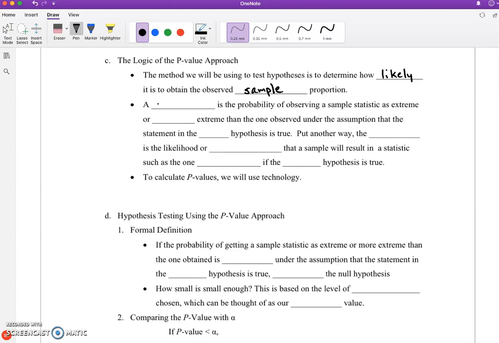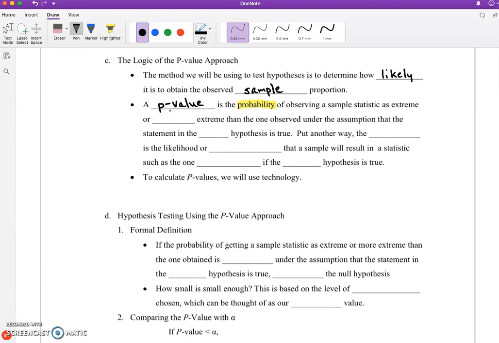So the calculator or StatCrunch is going to give us what we call a p-value. Now, important here, a p-value is a probability. So it has to be between 0 and 1 inclusive, just like all probabilities.